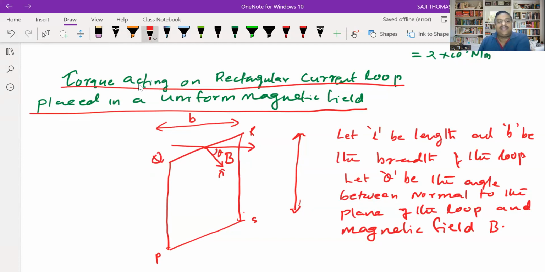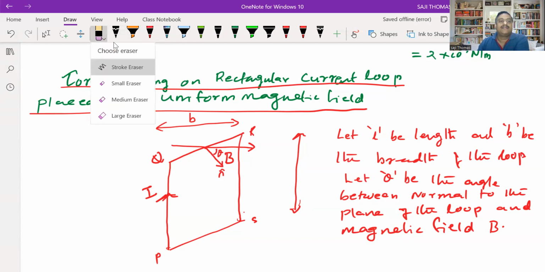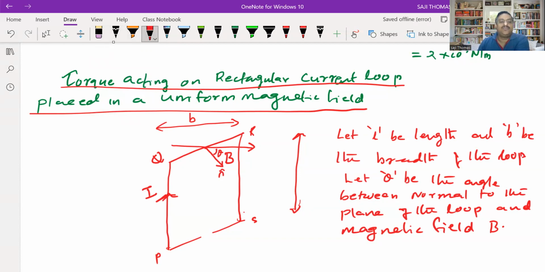So this loop carries a current I. Through this loop, current I is flowing.